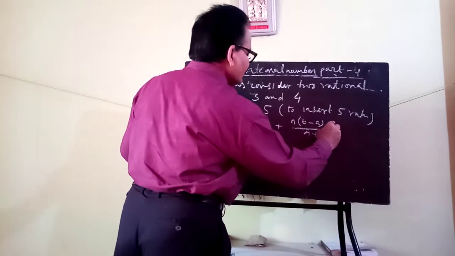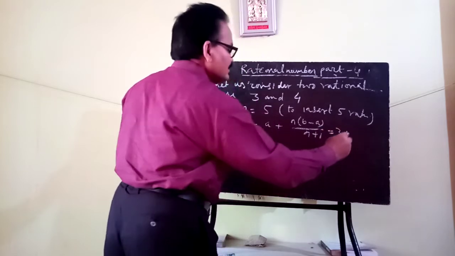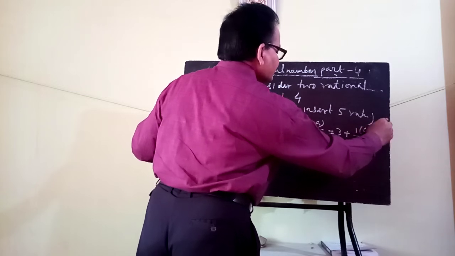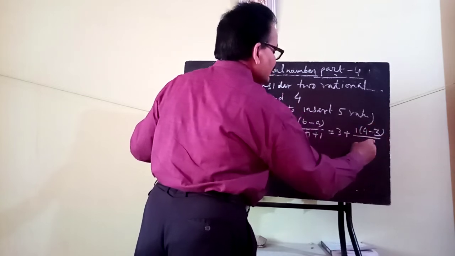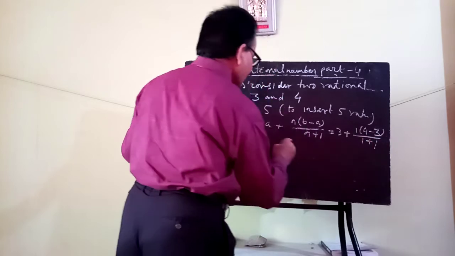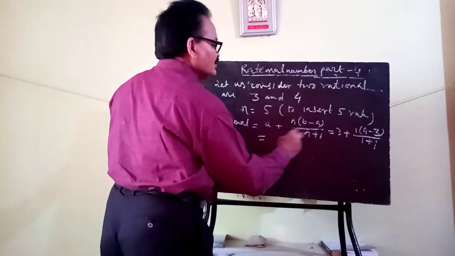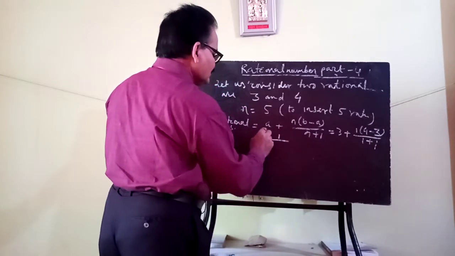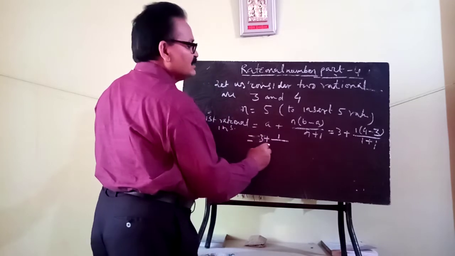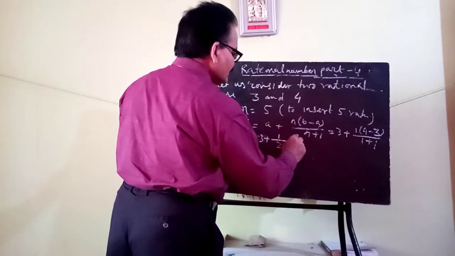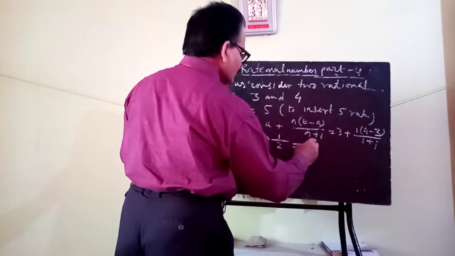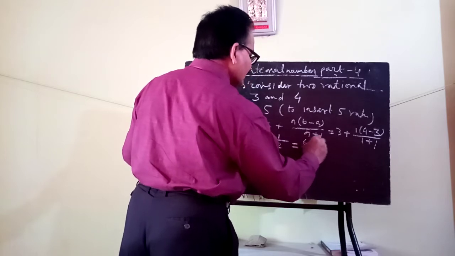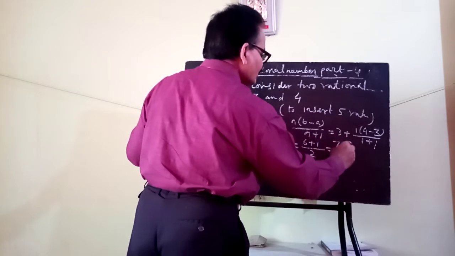So here A is 3 plus 1 into (4 minus 3) by (1 plus 1). 4 minus 3 is 1, 1 into 1 is 1, so 3 plus 1 by 2. 2 is your LCM, 6 plus 1, so that is 7 by 2.